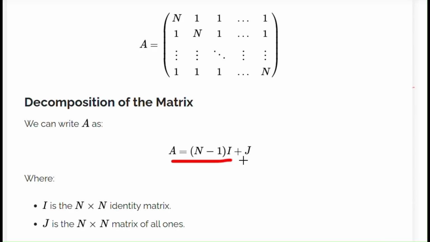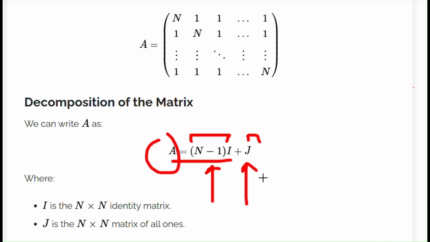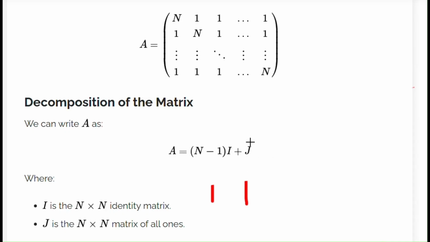So now we have decomposed this into n minus 1 times I plus J. What would be the eigenvalue of each part? If we can find those, then as we just saw, the eigenvalue of the sum of two matrices is the sum of their eigenvalues, so we can simply add them together to get the eigenvalues of A. Let's look at the first part, n minus 1 times the identity matrix I. As we just discussed, if the rows of a matrix all add up to a number S, then S is an eigenvalue of that matrix.